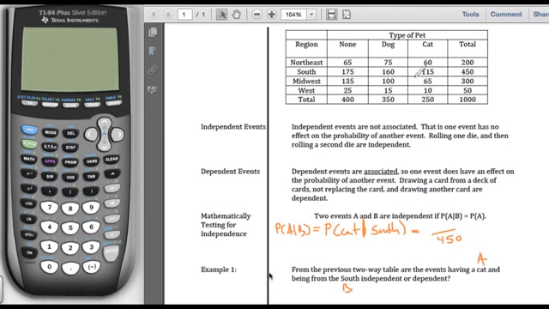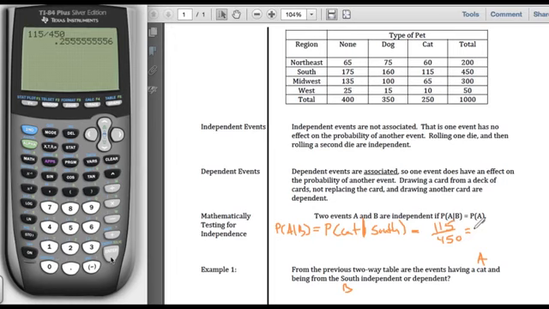And out of these 450, 115 have a cat. If I calculate this, 115 divided by 450, that gives me 0.2556.